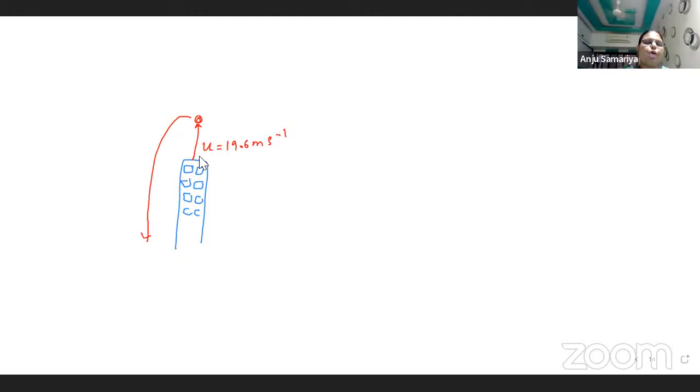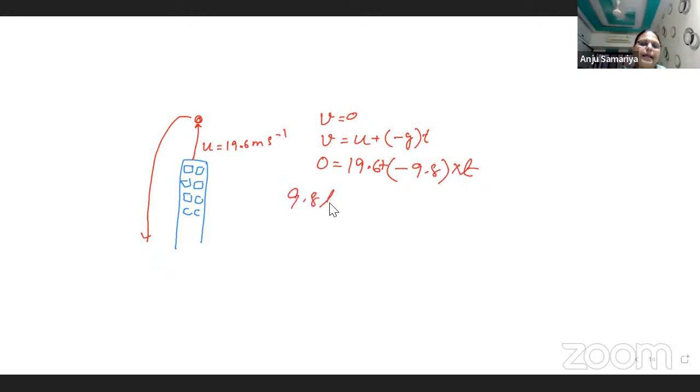Now, first thing, you have to find out how much time it goes up. We know that when it is thrown up, V will be 0. So V is equal to U plus minus G into T. So 0 is equal to 19.6 plus minus 9.8 into T. So 9.8 T is equal to 19.6.